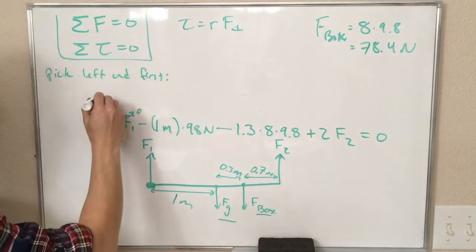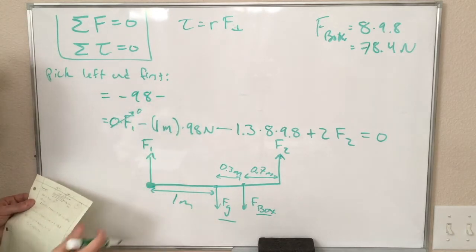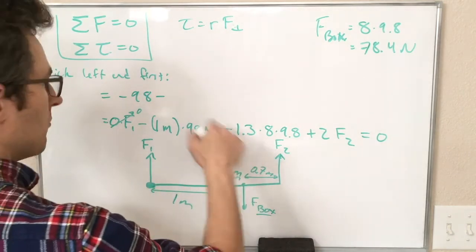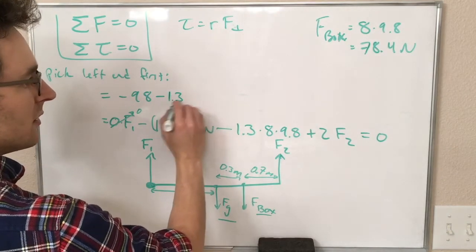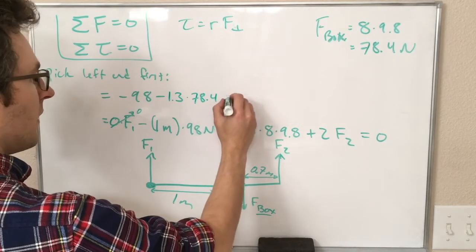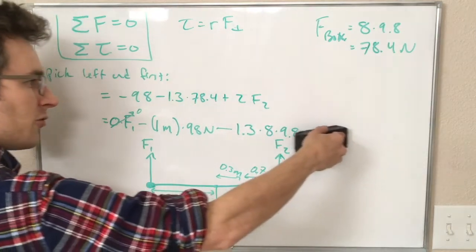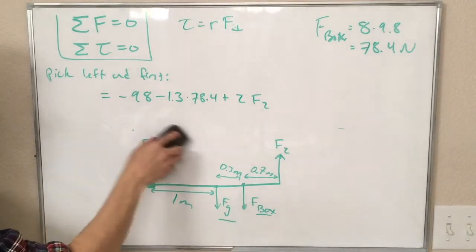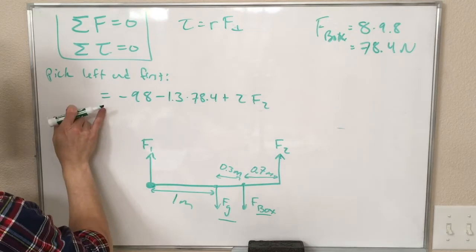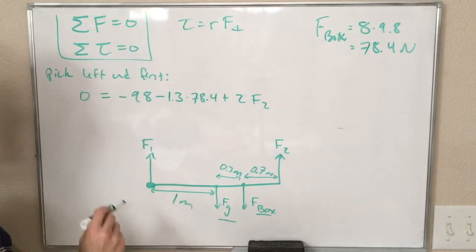So we have 0, we have minus 98, we have minus 1.3 times 78.4 plus 2 times F2. So if we solve for force 2 in terms of this stuff, we can add these to the other side since this is all equal to 0 because our sum of the torques is equal to 0.